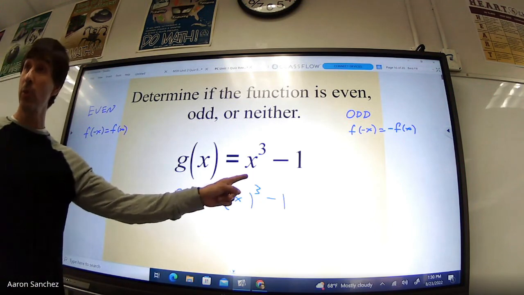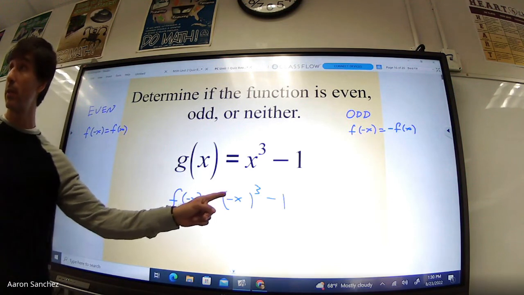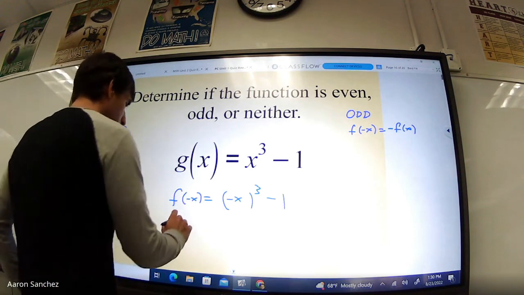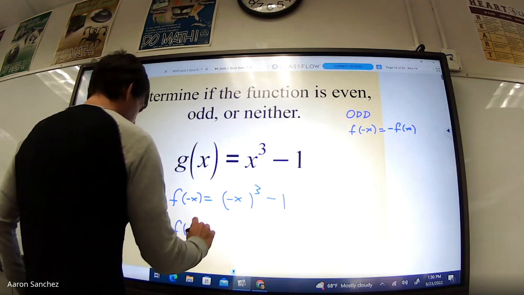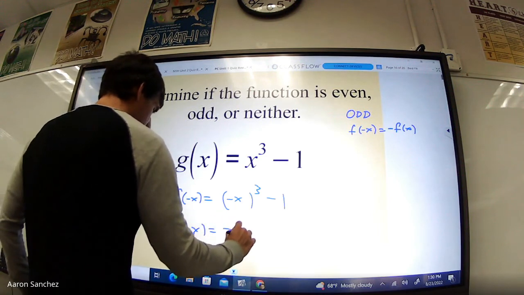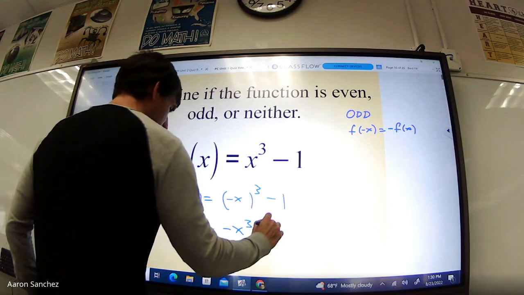Anything to the cubed root, if it's negative, what does it end up being? Negative. This will be f of negative x equals negative x cubed minus 1.